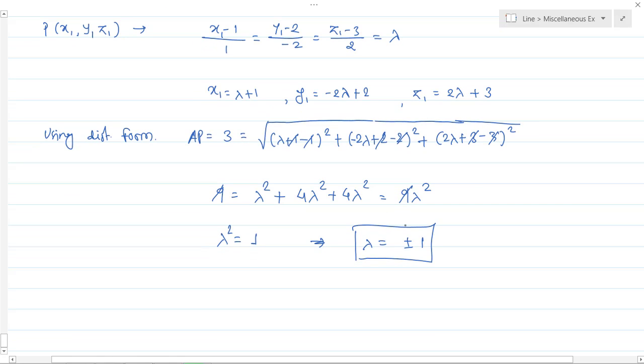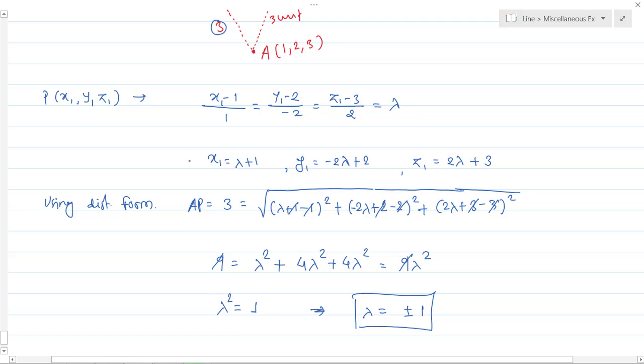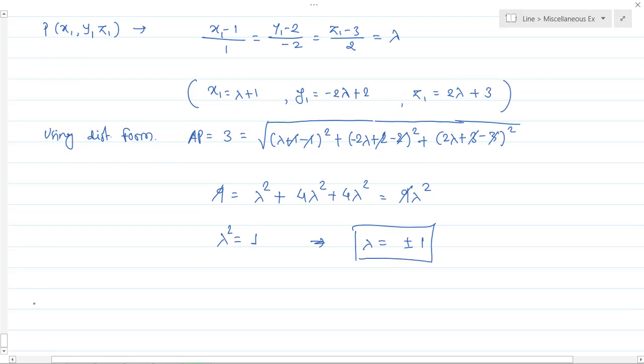Let's substitute lambda equals plus 1 and minus 1 in these coordinates to get the coordinates of the points. For lambda equals plus 1, the coordinates of point P are (1 plus 1, minus 2 plus 2, 2 plus 3), which is P (2, 0, 5).